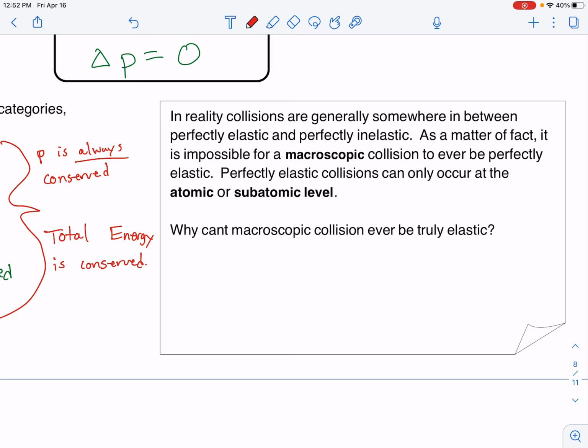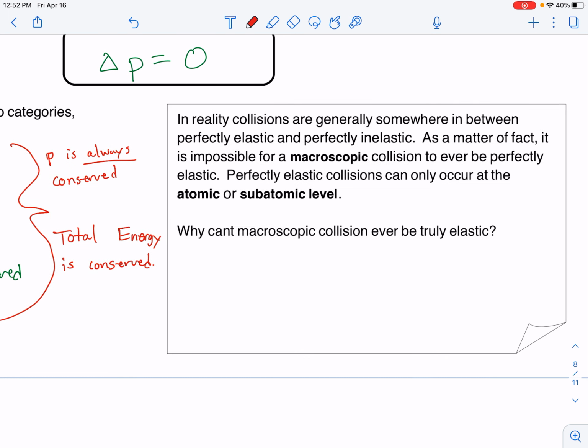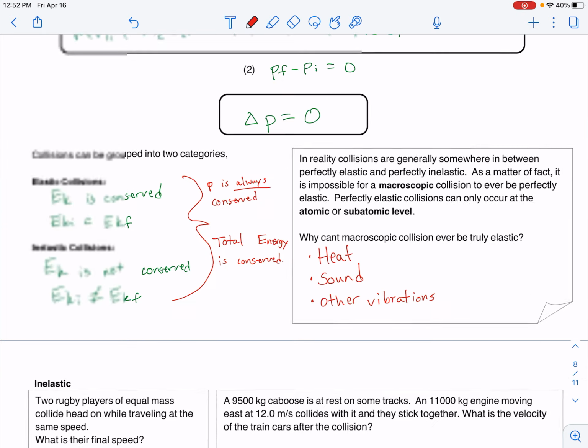In a collision, where does some of that energy get transferred? We lose some energy to heat, sound, and other forms of vibrations. Okay, so let's look at a few different examples of inelastic and elastic collisions on this next page.